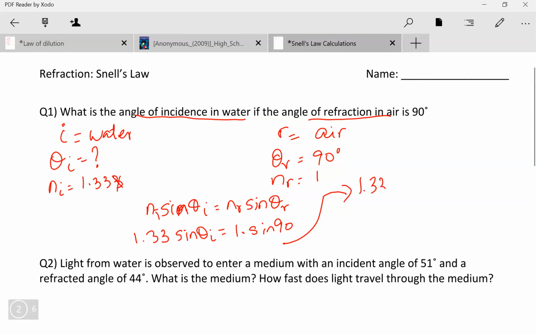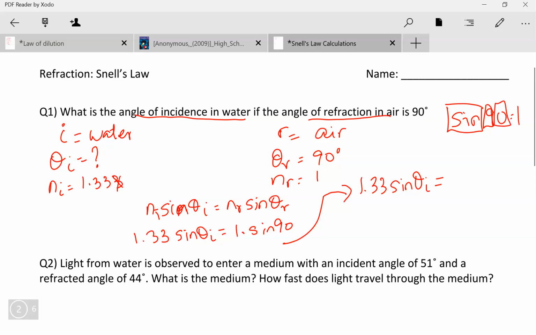So 1.33 sine theta I equals, again, it's going to be a bit difficult to show you exactly how I'm pressing this on the calculator, but I'm pressing the button that's sine, typing in 90, and then pressing equals.